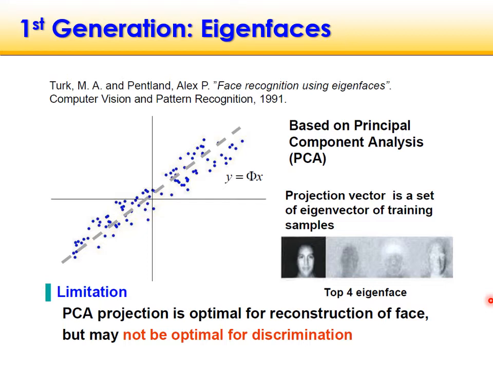It was basically taking an image represented as a multidimensional vector, of size equal to the number of pixels. We put that vector in a multidimensional space, and then we project it to a linear subspace.